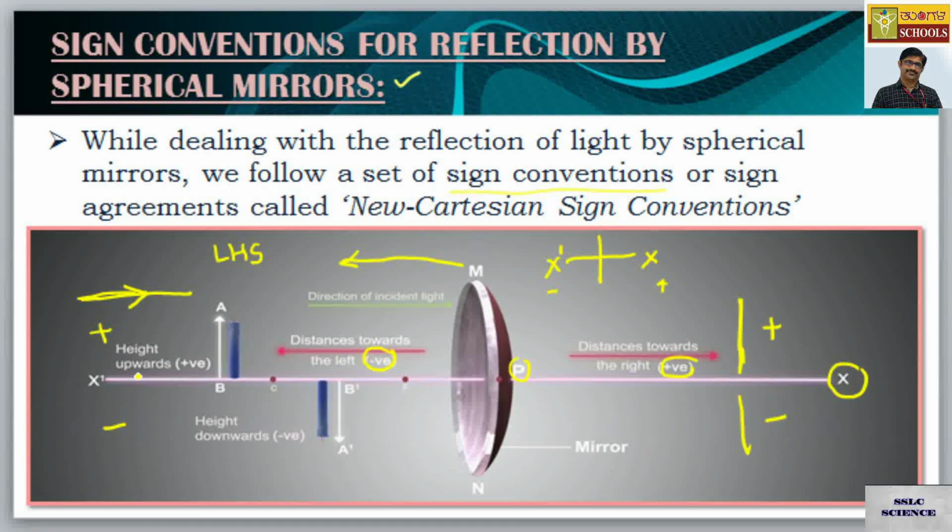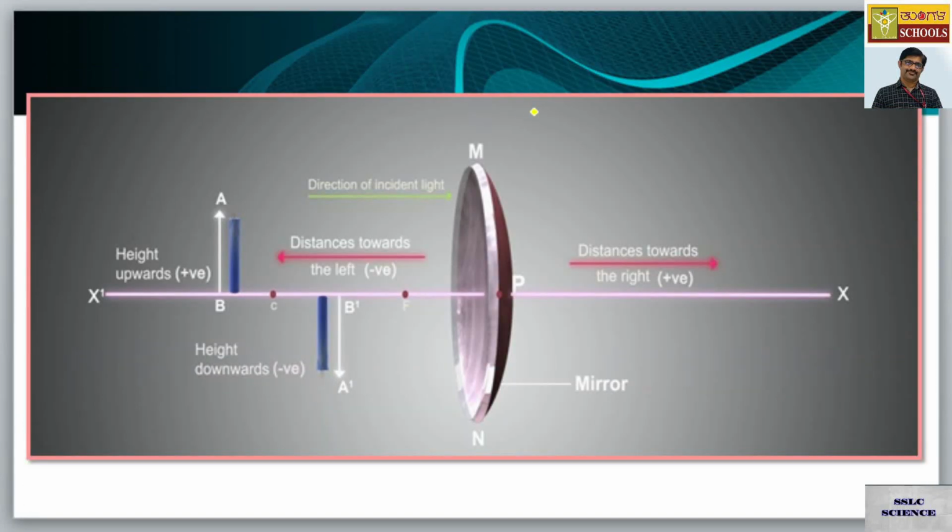So these are the few rules. As I already mentioned, rules are very much useful in solving problems. Not only in solving problems, they are needed for a complete understanding of spherical mirrors. Okay, dear students, let me recap those conventions again.